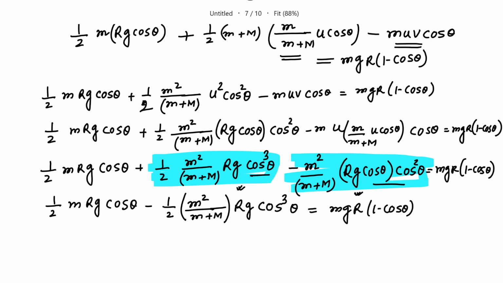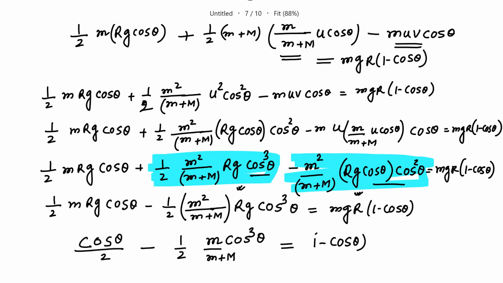Now let us divide by mgr throughout. If I divide by mgr, so I will have cos theta by 2 minus, and since I have already divided by mgr, I will have minus half m cos cube theta divided by m plus M, and then here I will have 1 minus cos theta.